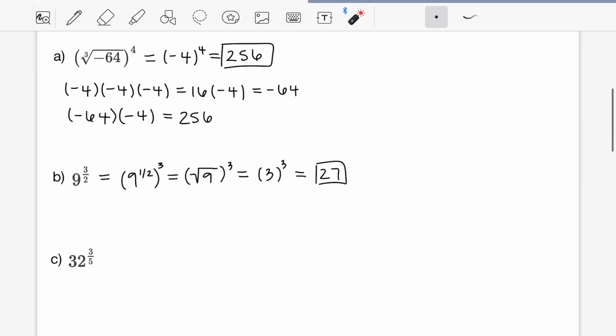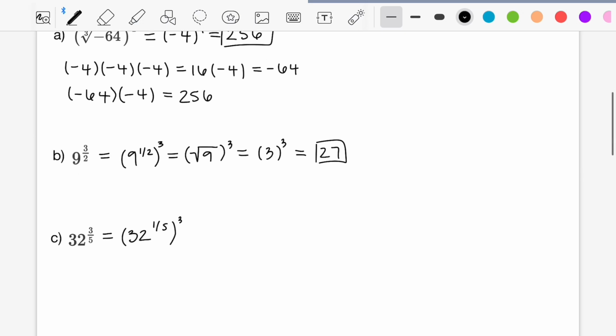Alright, let's look at part C. We have 32 to the 3/5 power. So again, we can rewrite this as 32 to the 1/5 power, cubed, because when we multiply these we would get 3 over 5. So we want to find a number that when we raise it to the 5th power, we'll get 32. And we'll see that that is going to be 2.